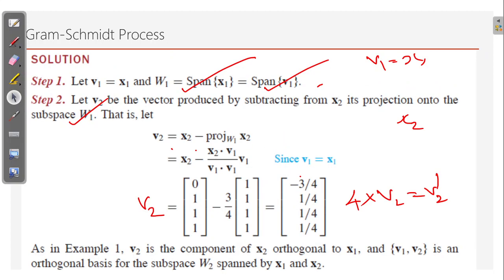Right? Yes. First we have considered a subspace W1 which is spanned by x1 or V1. Now we will consider another subspace, the new subspace, that is W2, which is spanned by the already calculated orthogonal vectors V1, V2.